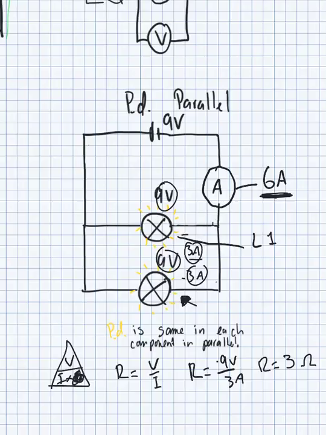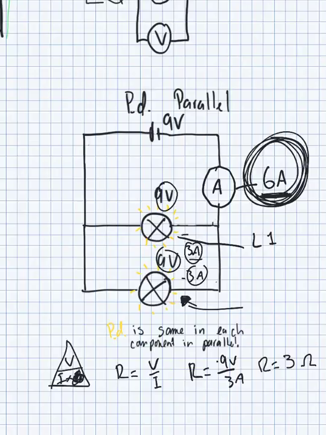So remember to do that. If your ammeter is giving you the total current and you're being asked to calculate an individual component, remember that rule that current is shared. So you need to apply that to the component and divide by however many components there are.